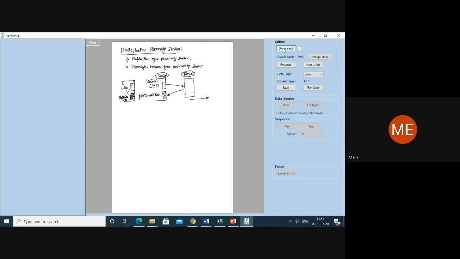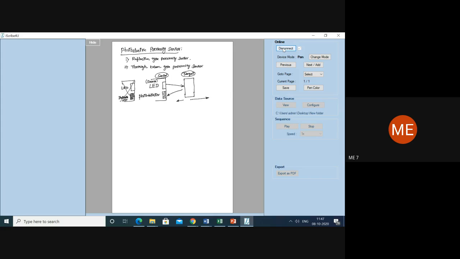Now if I bring the target nearer, will the photo detector get the response faster or slower? Faster. Depending upon the distance you move this target in front of the sensor, the photo detector will detect the light accordingly.